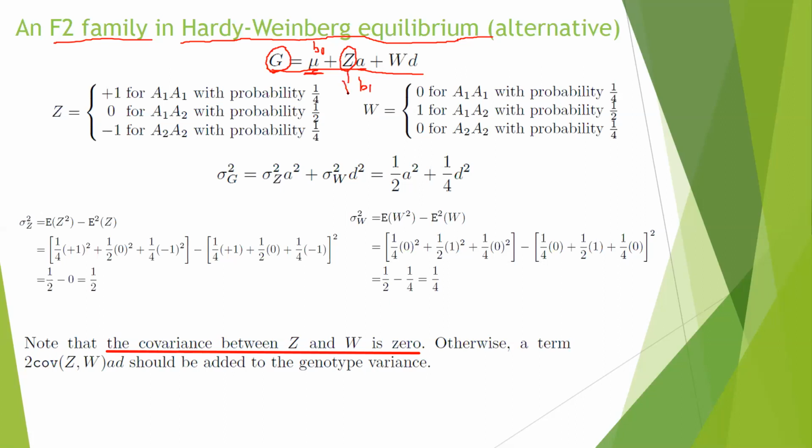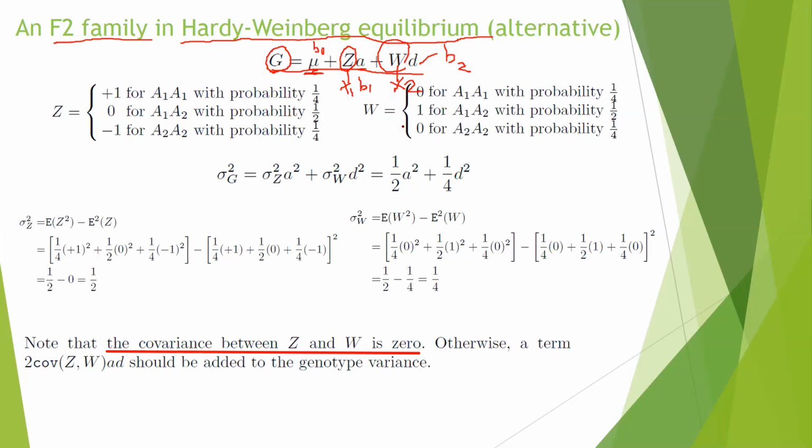And this X1 is used to define the random variable. Z is the random variable that we use to define the genotype for the additive effect. And this W is another random variable that we use to define the genotype associated with the dominant effect. So this is B2, with X2. In this regression line, we actually have two slopes. I don't know if you can get the point.